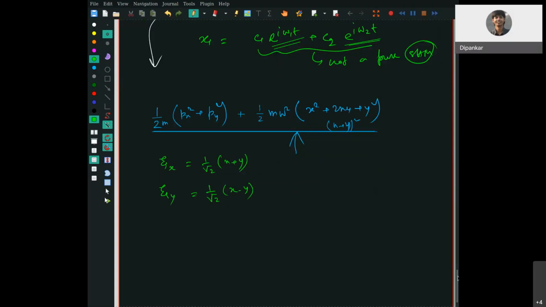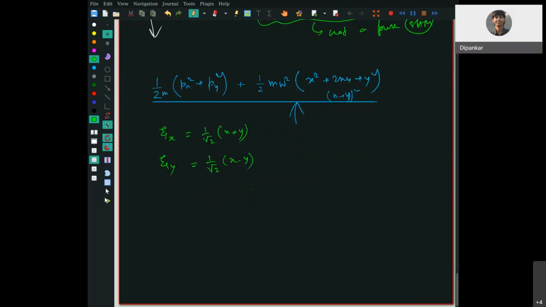Okay. So this is an orthogonal thing, right? So you can easily check that again. Xi x dot would be 1 by root 2. I think you have another class right now. So you just try this and write these in terms of xi x dot and xi y dot.